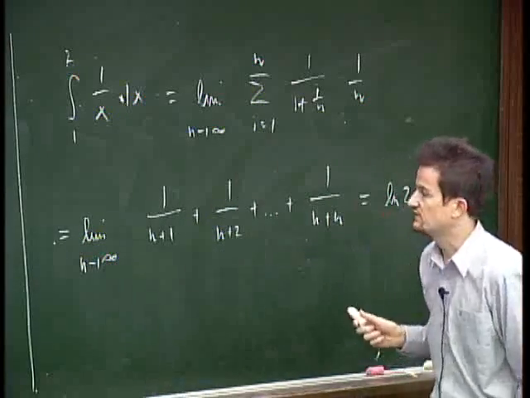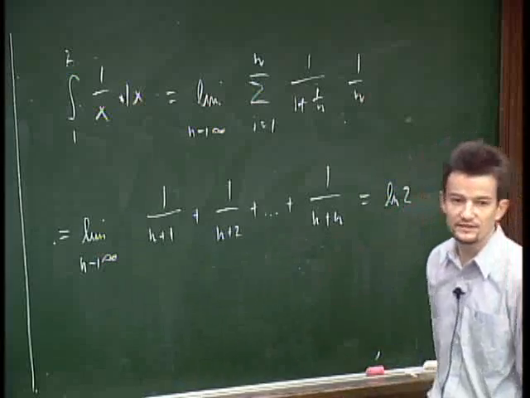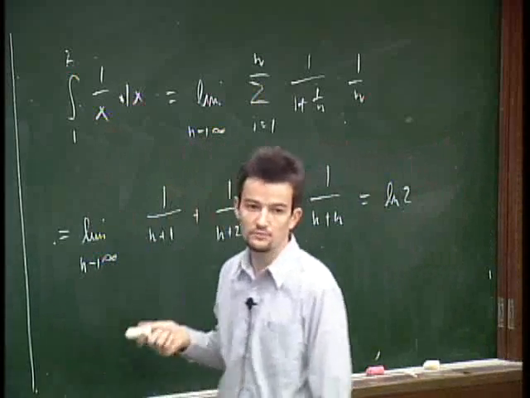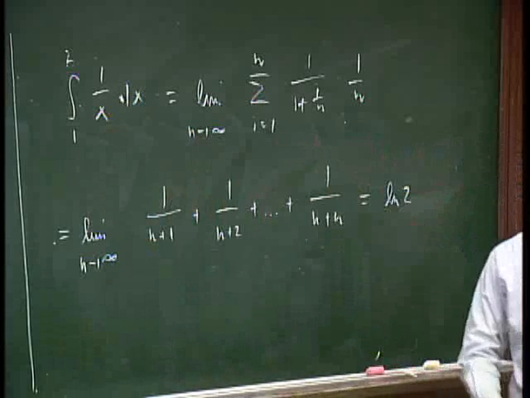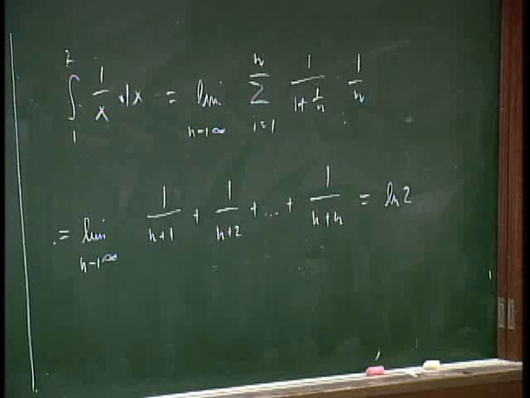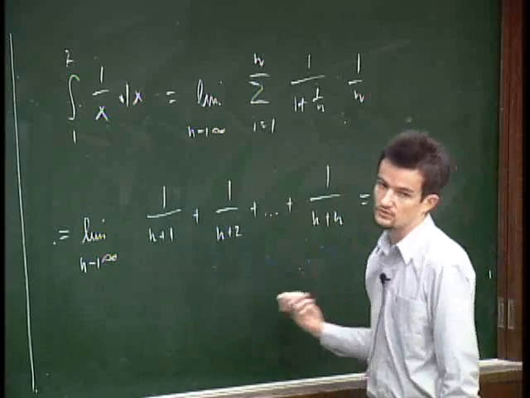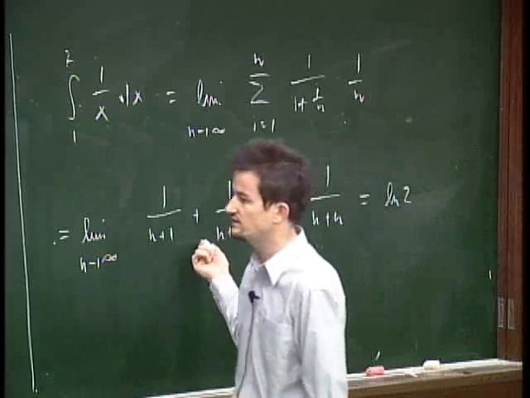I should maybe emphasize that once we have found a different way to compute this integral, we will get a proof of this. But it's not really necessary to use the theory of integration to evaluate such a limit. You can also try to find another way, but it's not so easy.